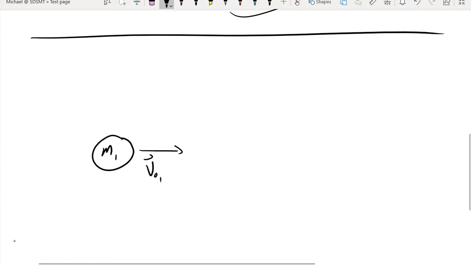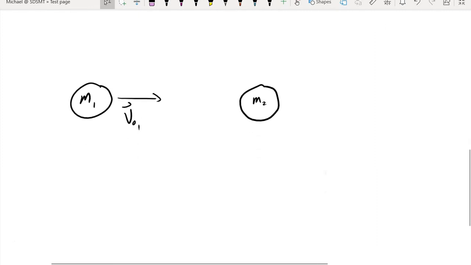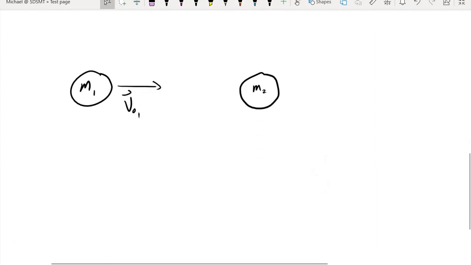And that cue ball is going to strike another ball on the table. It really doesn't matter what the other ball is. We'll just call it mass 2. Typically when you play billiards, the only ball that should be in motion is the cue ball, and so the initial velocity of the second ball will be zero, stationary.